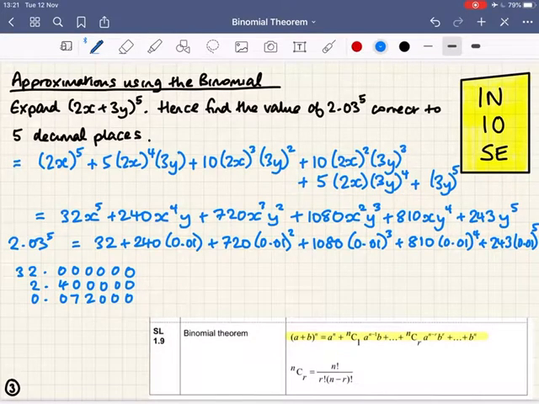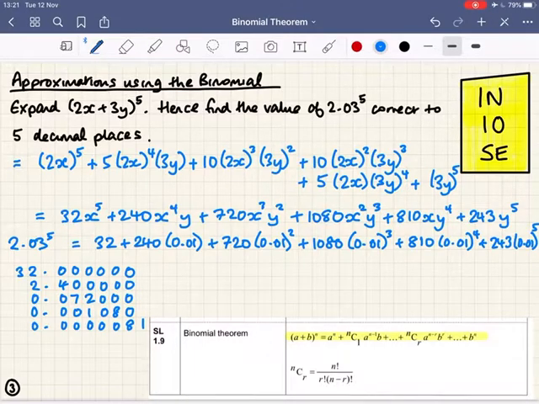And then 1080, dividing that by 100 3 times, I end up with 0.001080. 810, divide that by 100 4 times, 0.000081.